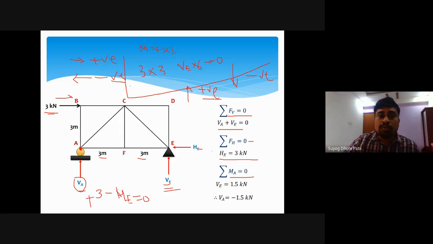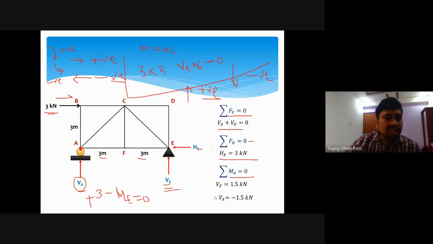Now think about the signs. If I take clockwise as positive, and anti-clockwise as negative, it means all the moments about any joint which are clockwise we can take as positive, and all the moments about any point moving in the anti-clockwise direction we can take as negative.